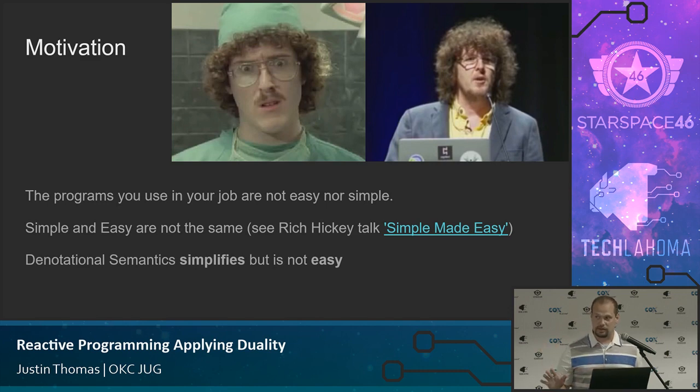Those are all things in the programs you write every day that are extremely difficult to get right, and you get them right every day. What I'm doing is, denotational semantics is actually a way to simplify a look at your programming language or your code to see what it does. That ignores a lot of these complexities. But I'm not going to say it's easy.